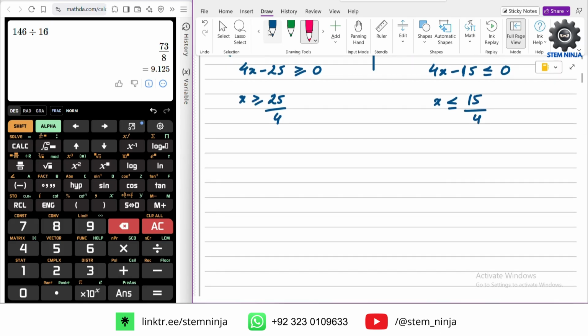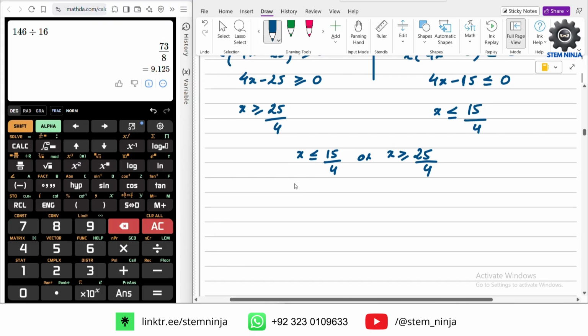So basically that's it. So either x is less than or equal to 15 over 4, or x is greater than or equal to 25 over 4. Right, so this was this question. Let's move on to the next one.